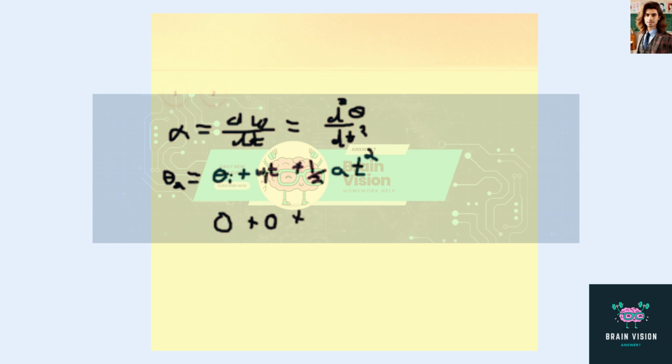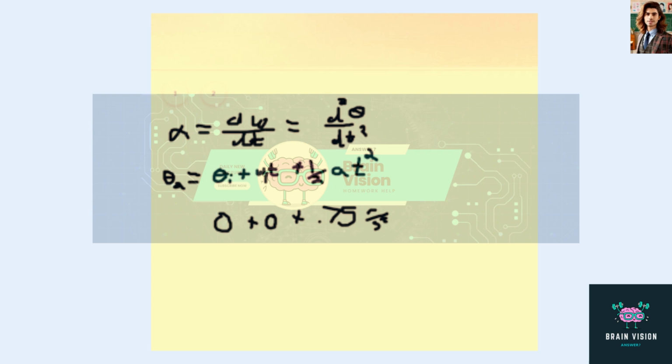So plus 1/2 of a. From our last problem, our angular acceleration was 1.5 radians per second squared, so half of that is 0.75 radians per second squared, times time squared.